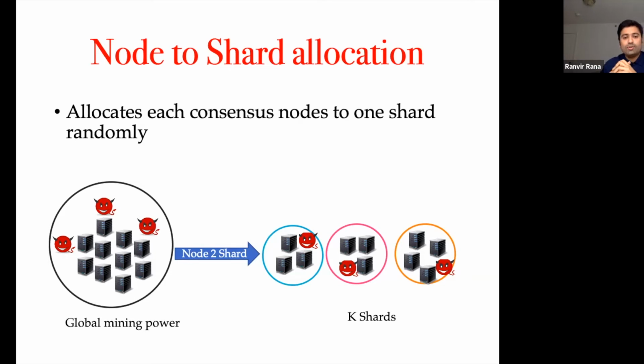So in order to ensure that, you require, first of all, some sort of randomization of the allocation of this global committee, global mining power or global stake or whatever the system is. You need a way to randomly allocate validators or miners in that global system into small systems. So you require randomization and you require large enough shard sizes so that adversaries, or honest nodes, are proportionally represented in these k shards.